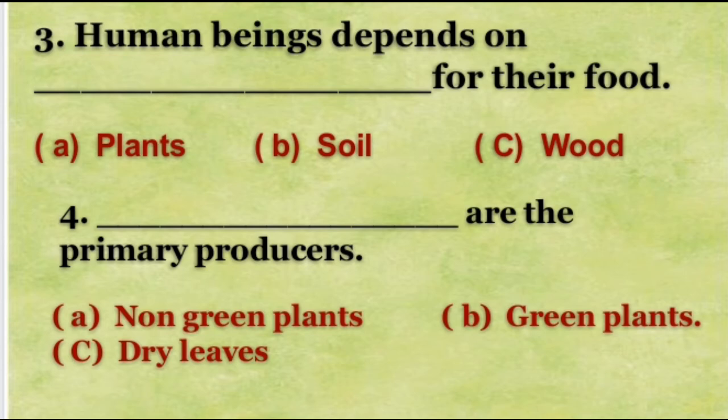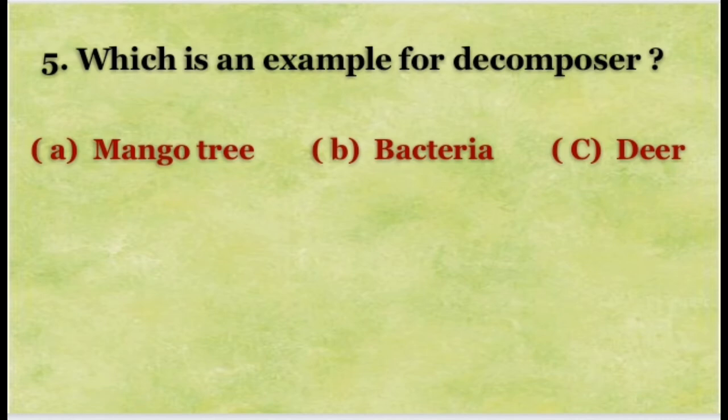Non-green plants, green plants and dry leaves. The answer is green plants. Fifth one, which is an example for decomposer? Mango tree, bacteria and deer. The answer is bacteria.